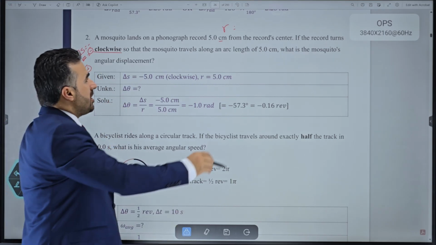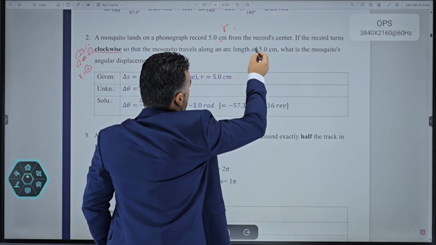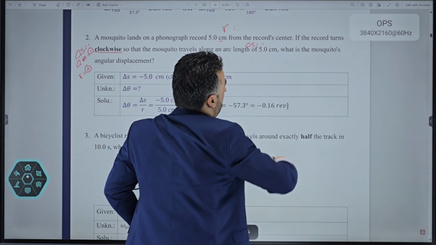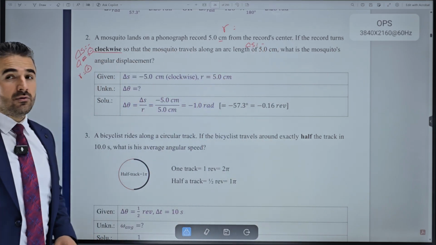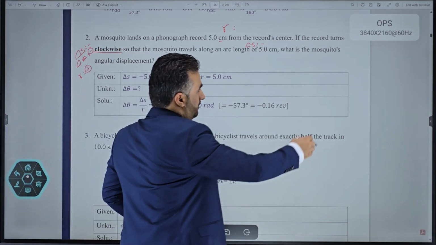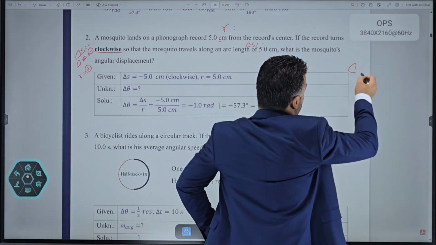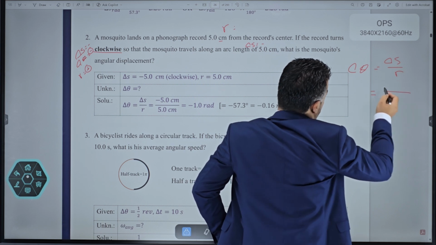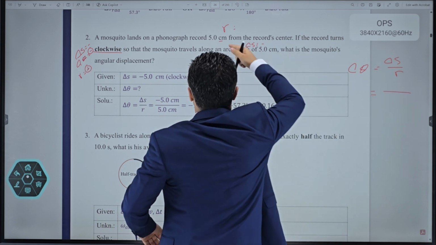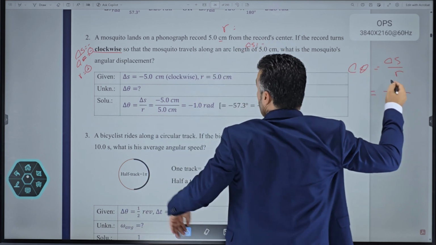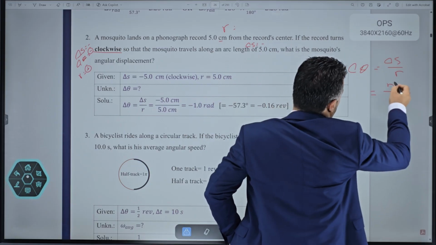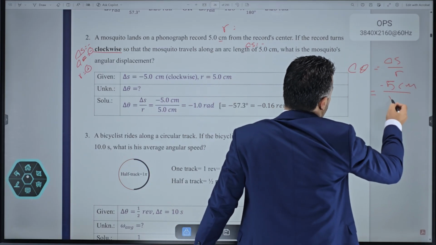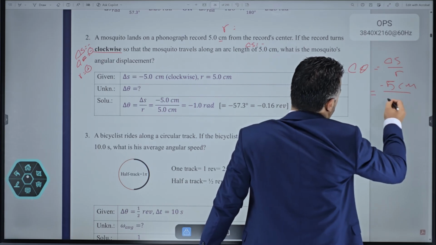So the mosquito travels along an arc of length, once again, negative 5 centimeter. What is the mosquito's angular displacement? Delta theta. We've learned that delta theta is equal to arc length divided by the radius. The arc length is 5 centimeter, and because it is clockwise, negative, and the radius is also 5 centimeter.